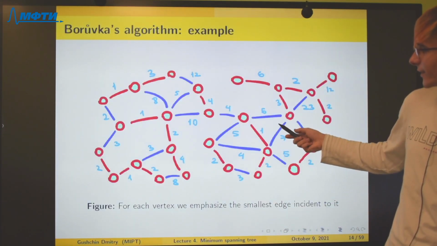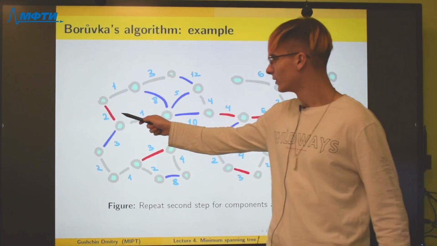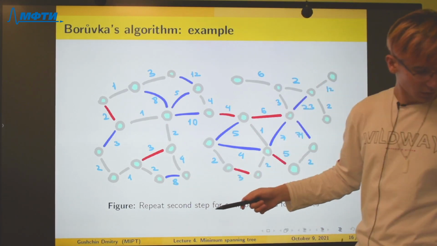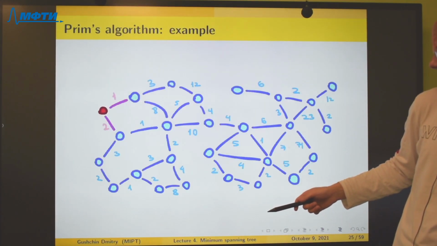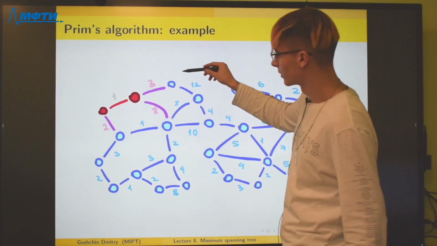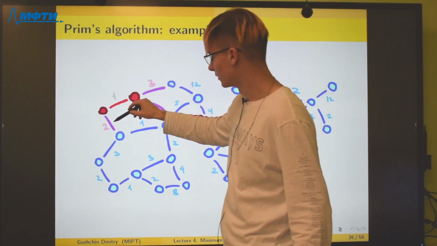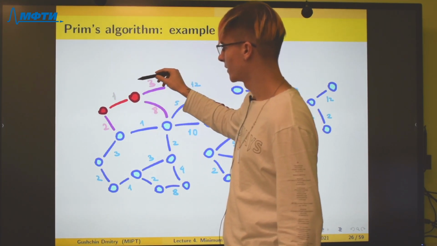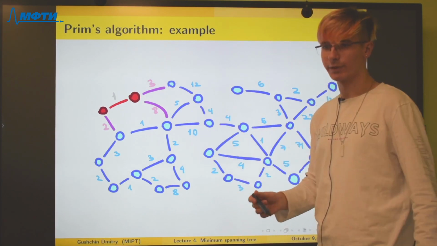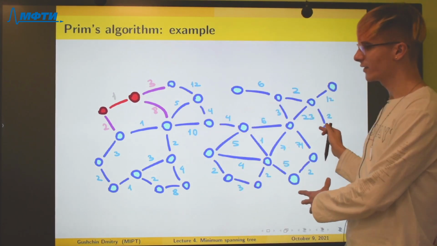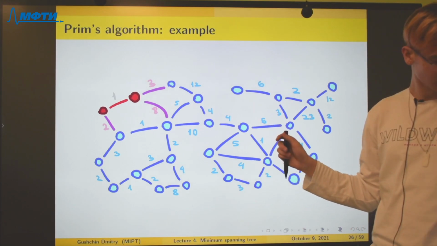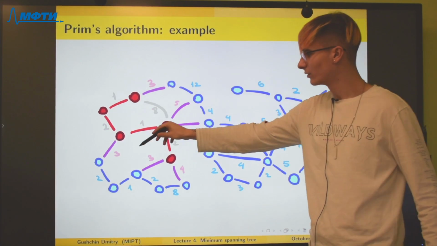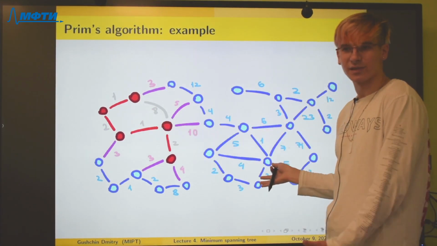Here in Boruvka's algorithm, we add edges between different components. In this case, we add edges that are included in the cut, in one part of which we have a tree, and in the other part another subgraph. And you can see, for example, now part B in this cut isn't connected.